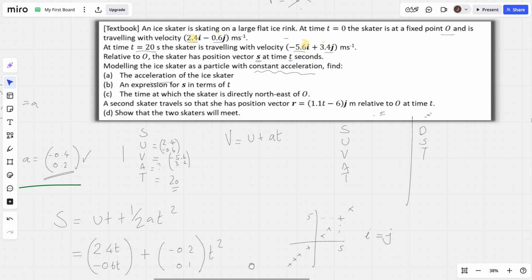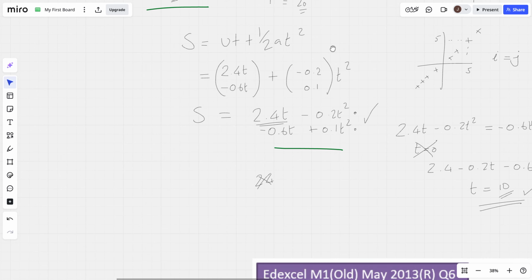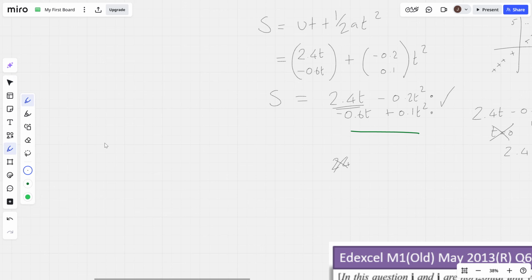And look, there's no I bit, is there? So the I bit, interesting. So I guess I'm saying 2.4t minus 0.2t squared equals 0, and minus 0.6t plus 0.1t squared equals, I think it was 1.1t minus 6, and it says show that they meet together.